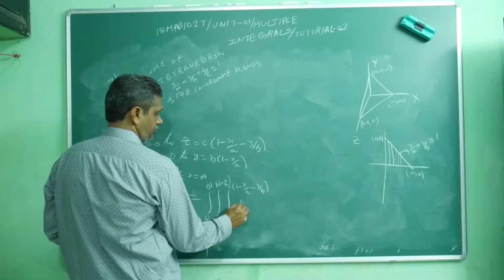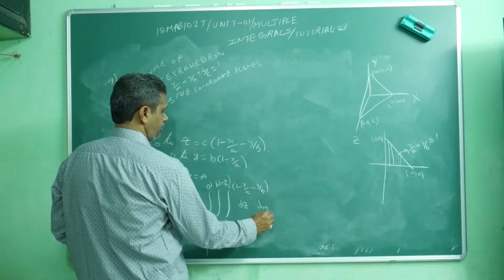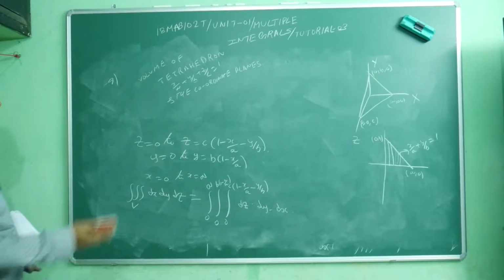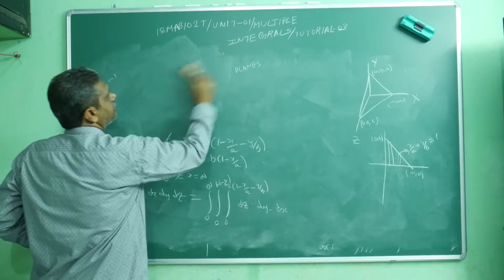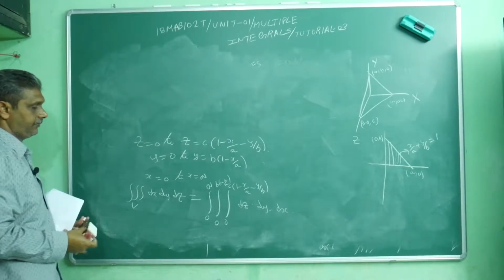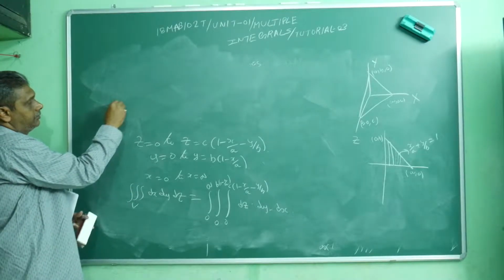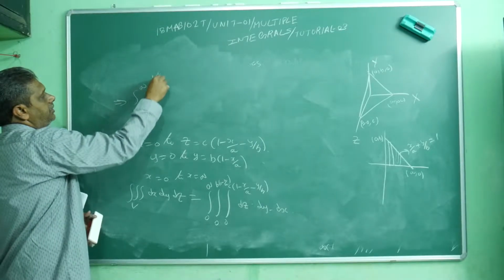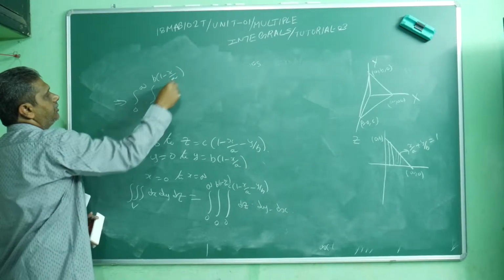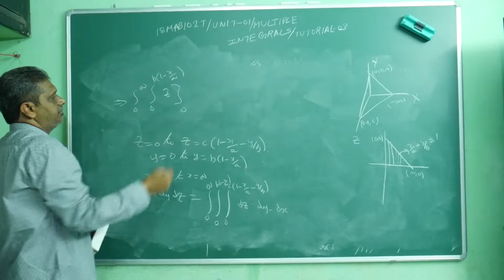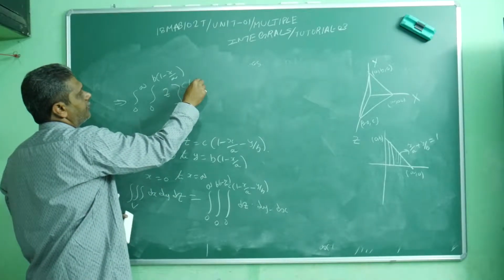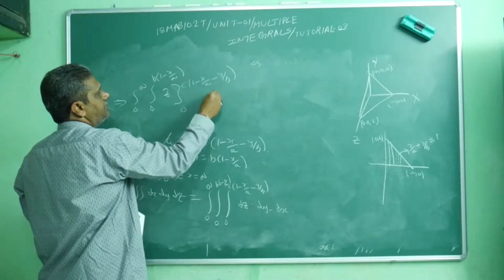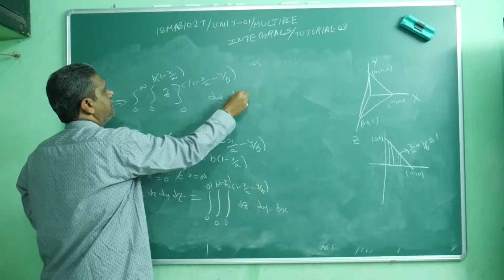First I want to do dz, then dy, then dx, so don't get confused. With respect to z, if you integrate, you get z, with limits 0 to c(1 - x/a - y/b). The balance is dy dx.